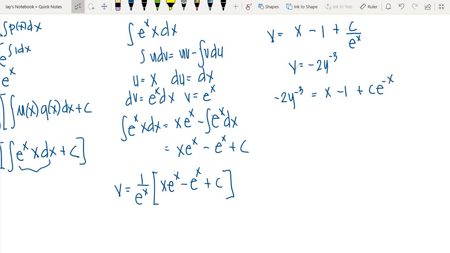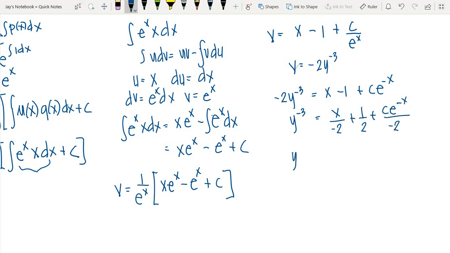Then divide both sides by negative 2, so y to the negative 3 is equal to x over negative 2 plus 1 half plus c e^(-x) over negative 2.